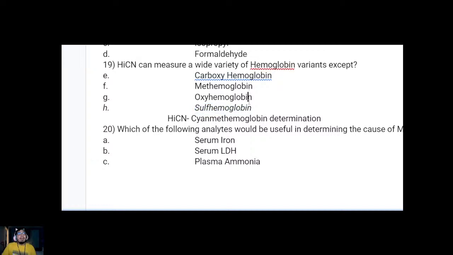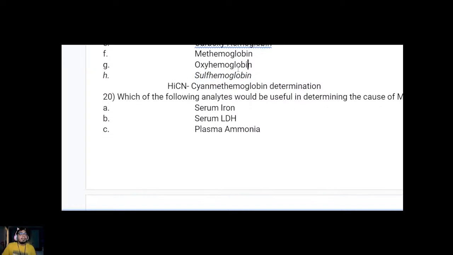These are hemoglobin variants. It can also detect carboxyhemoglobin, but I didn't list it there because you won't have a wrong answer.